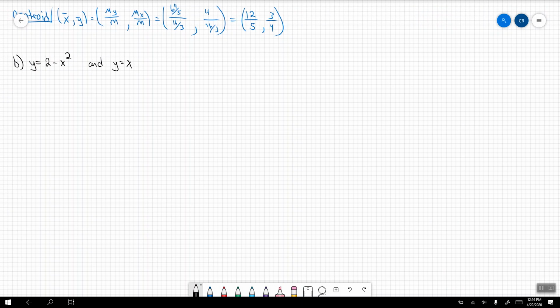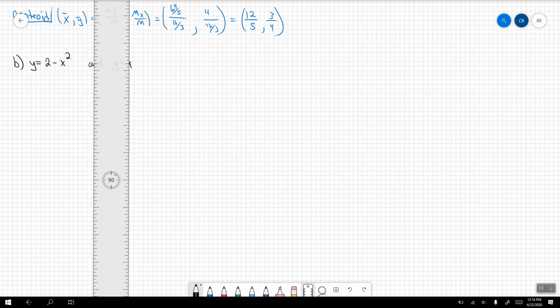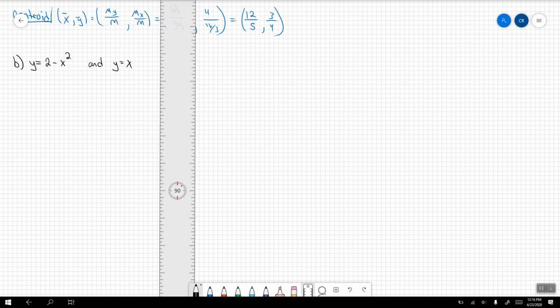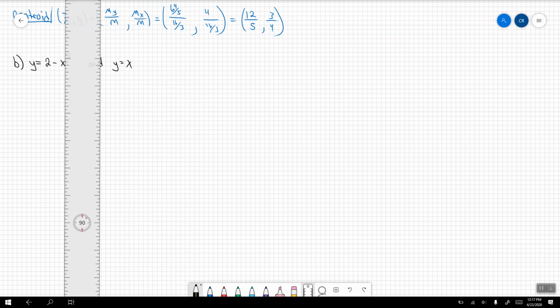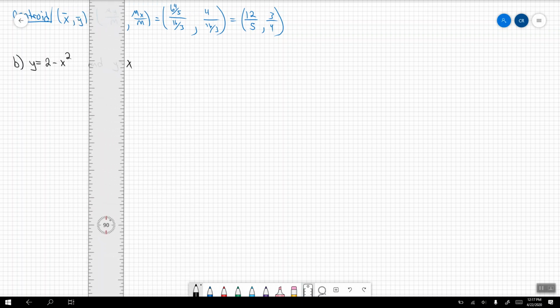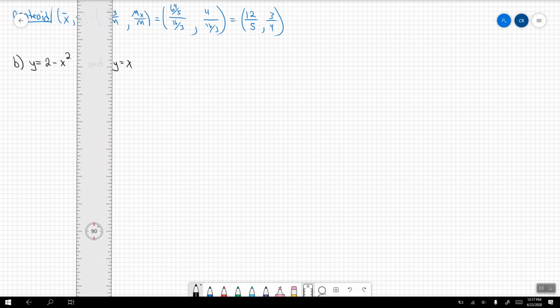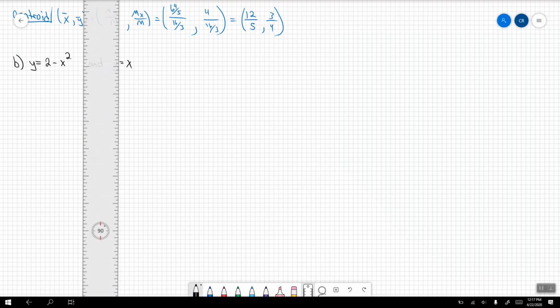We have to graph their intersection, and then start observing what we're looking at. This looks like a parabola opening downward. This looks like just a line, y is equal to x. So my area likely goes into quadrant 2, maybe even quadrant 3, all the way to quadrant 1 for my intersection. So I'm going to make sure I denote that here.